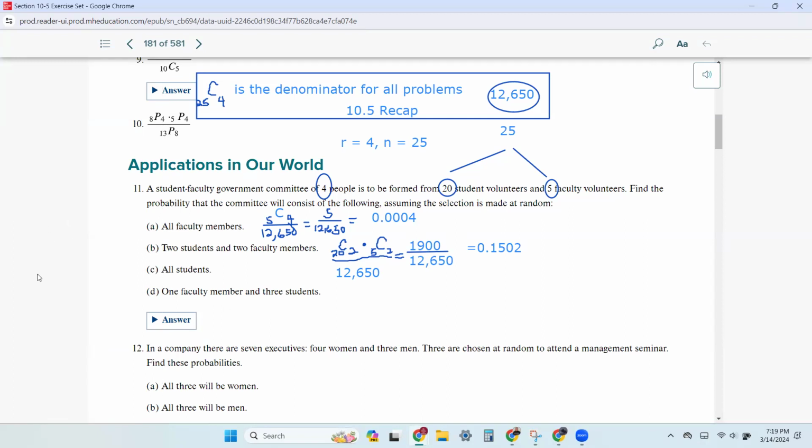All right. So the all students, I'm going to put that over here. All students is very much like the all faculty members, except in the numerator, all we're going to have is 20 C 4, so over here for C. So I'm going to put a C. And then we're doing the 4 being picked from the 20 students.